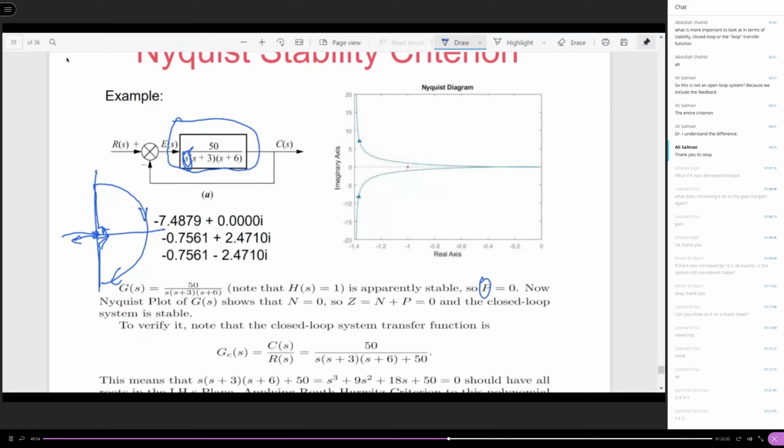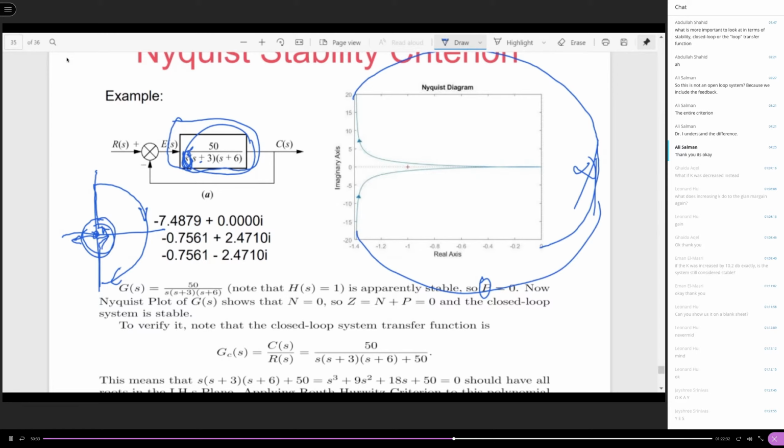In this case, because you have a pole at the origin, because of this small indent, which happens in the denominator, you're going to see the magnitude go very large, actually infinity. So the plot is going to close at that very large place, and the Nyquist plot is going to have a shape like this.